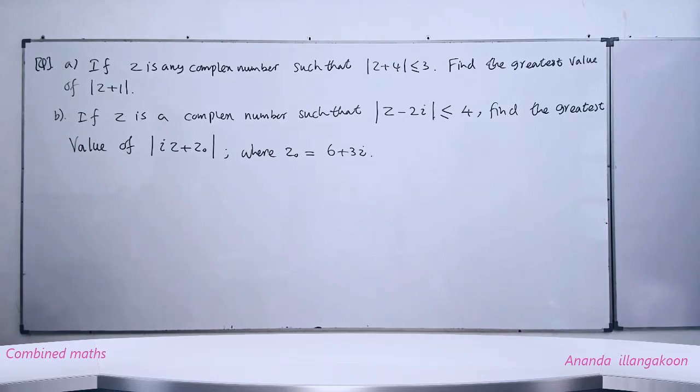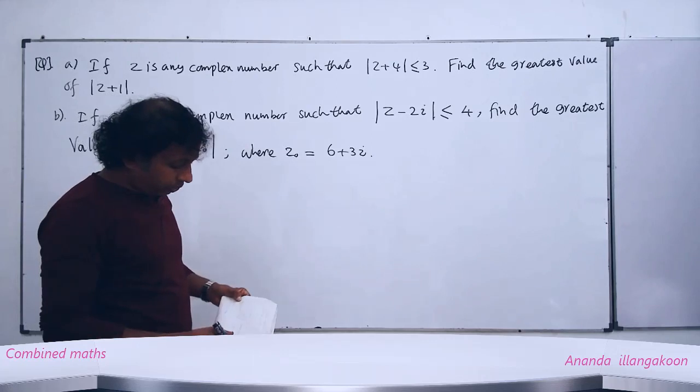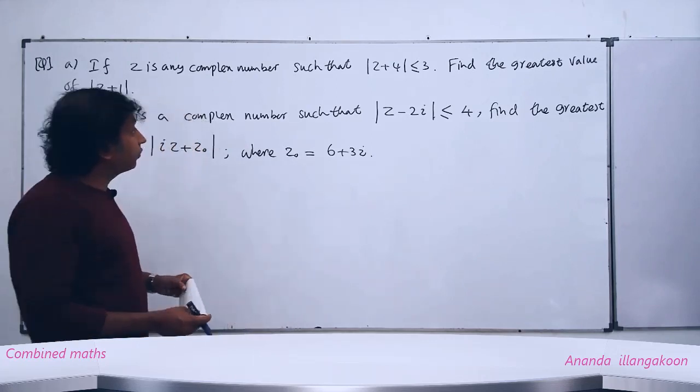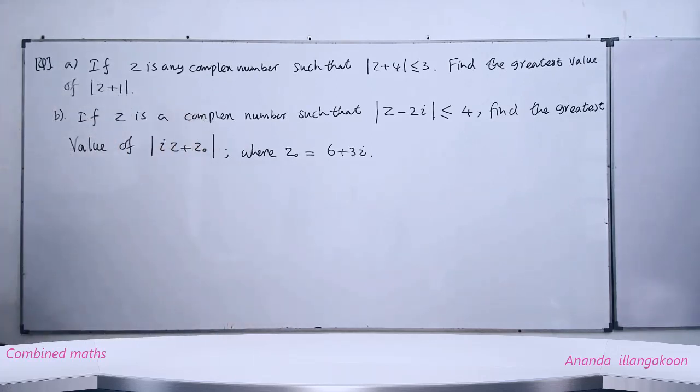Even now, these answers we can obtain by using these theories we proved. First one: Z is any complex number such that |Z + 4| is less than or equal to 3. Find the greatest value of |Z + 1|. Now, answers I can write.